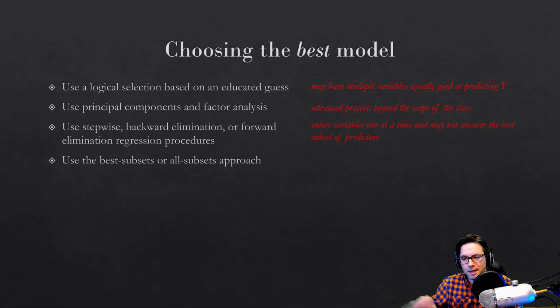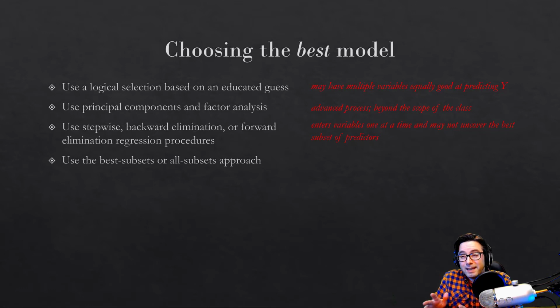Stepwise and backwards elimination. This is great. This is something that we can do. This is something I've actually done with other sections of 365 before, but we're not going to be doing this, because it's a process that might eliminate possible combinations of variables prematurely.